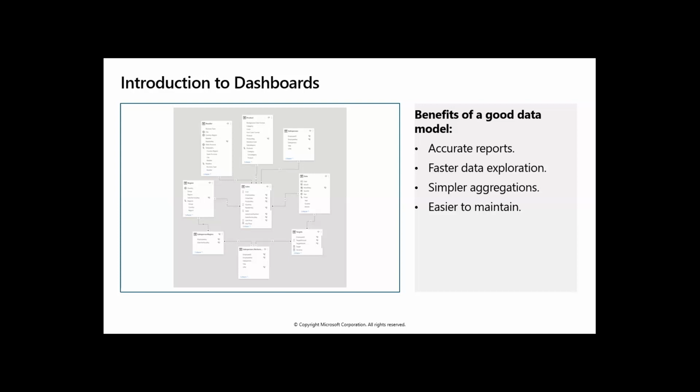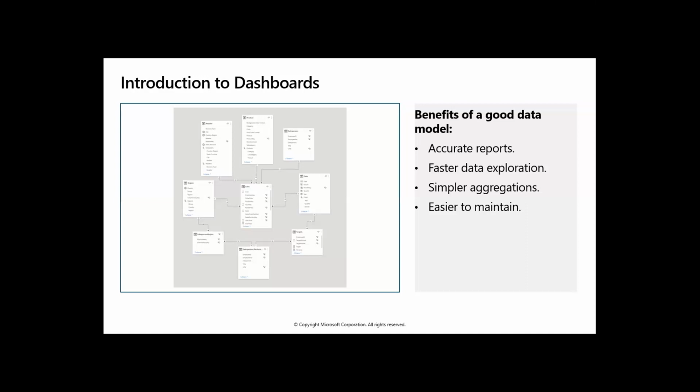So aggregations are simpler to build when you have a good model. Take note of the way I'm telling you. Ignore my arrangement on the screen. A good data model offers the following benefits. Benefit one is data exploration is faster. You will be able to see your data at a glance.